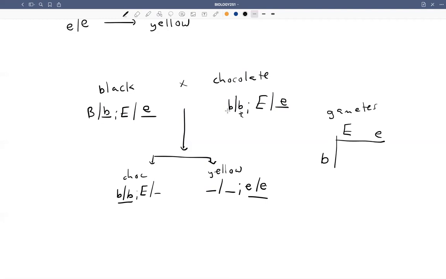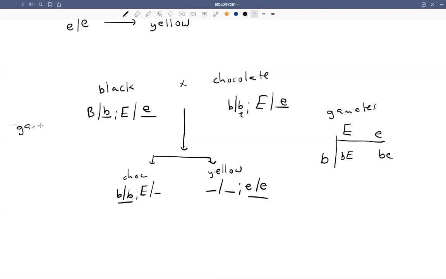There's a time saver we can do. There are two little b alleles. This is homozygous for little b. We don't have to do another line for b because they would be the same. Put b's first. So little b with big E or little b with little e.